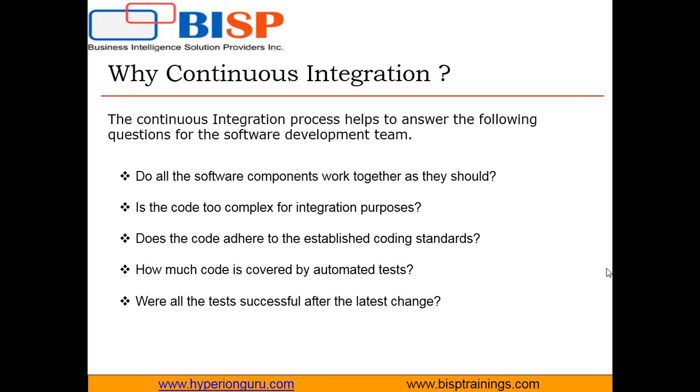If the tests fail, there is no point in proceeding with the deployment of the code. So it's a good point to check if the code is ready to move to the deployment stage or not. These questions help us understand why a development team should adopt continuous integration.